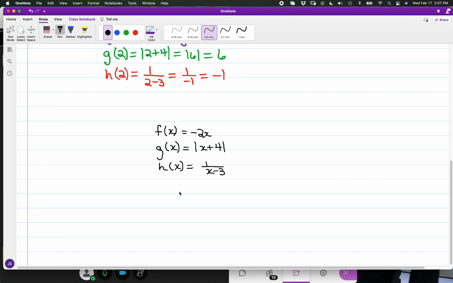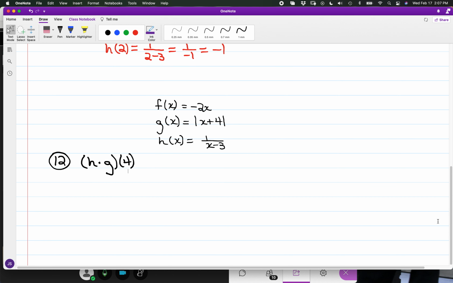And this time around, I'm looking at h times g of 4. And with this second problem, this will be the last one where I will be looking at the general and the specific cases, for h times g of 4.